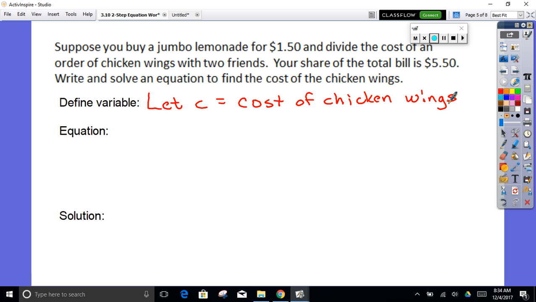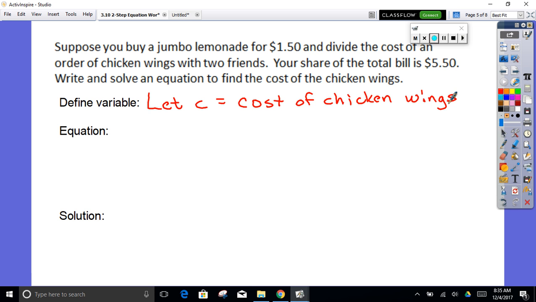See if you can write down what you think the equation would be, and then I'll take volunteers. Okay, now I will take ideas.